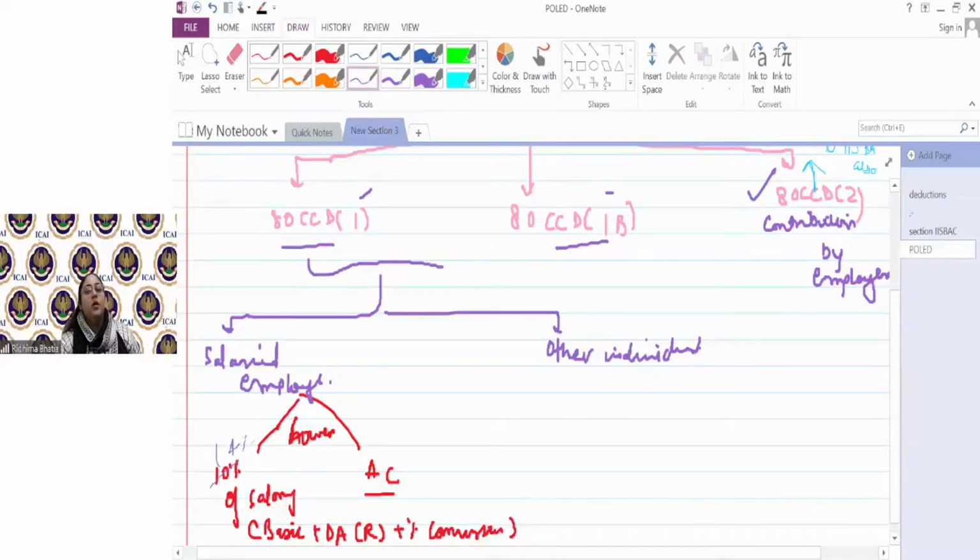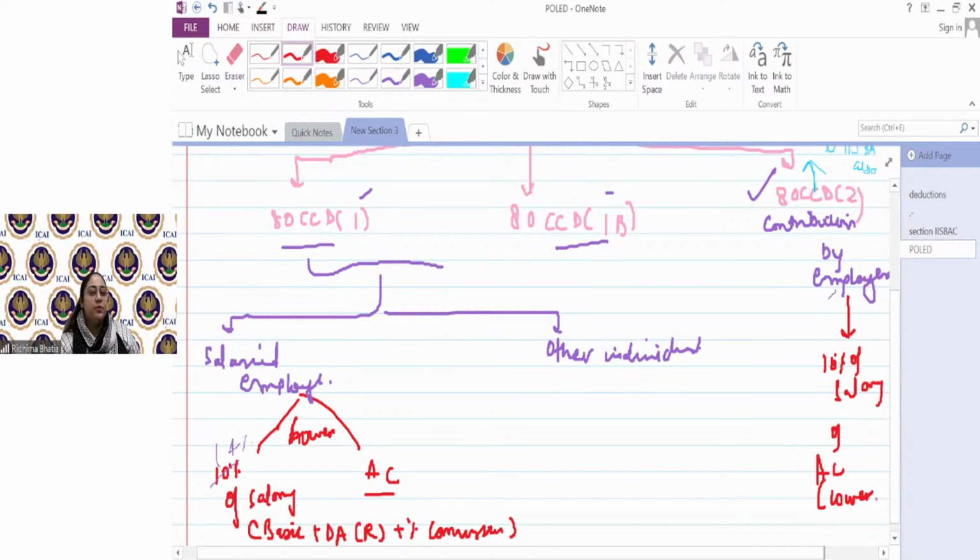Before coming to other individual, I'm coming to contribution by employer. Contribution of employer would be allowed as deduction under 80CCD subsection 2, which would again be 10% of salary or actual contribution, whichever is lower.